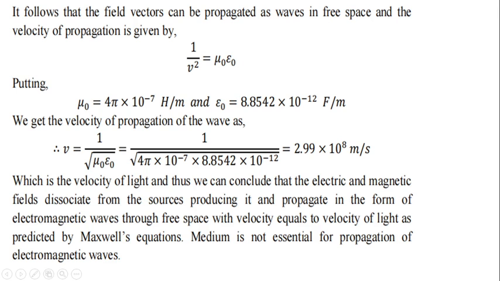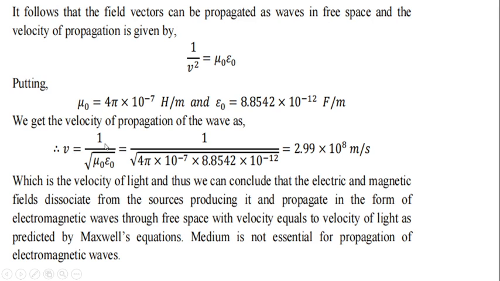Putting in the values, mu 0 equal to 4 pi into 10 raised to minus 7 Henry per meter, and epsilon 0 equal to 8.85 into 10 raised to minus 12 Farad per meter, we get the velocity of propagation of the wave.